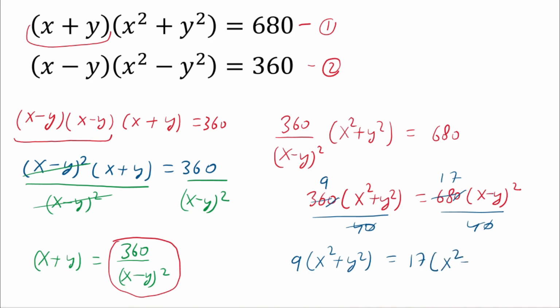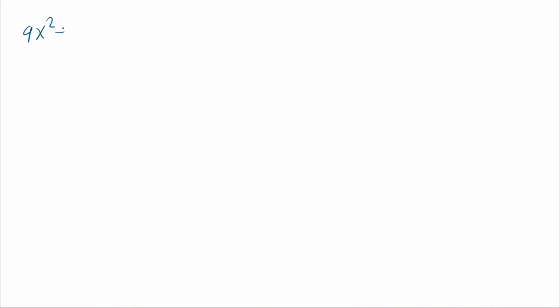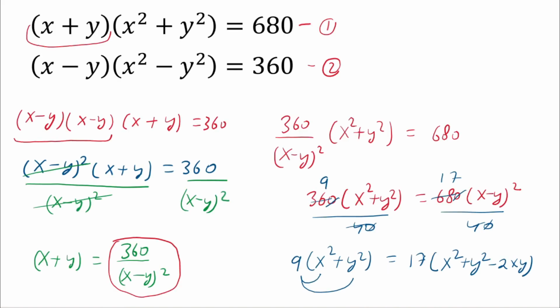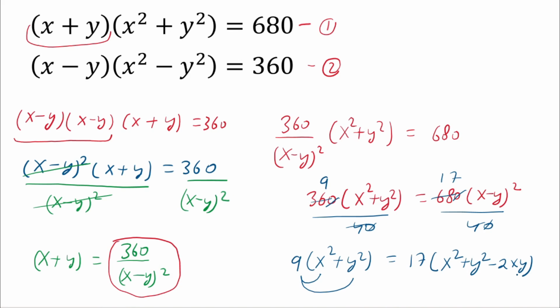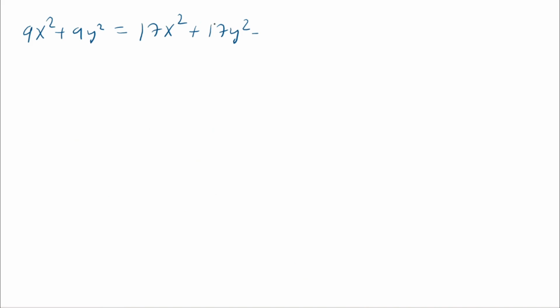Here 9 times (x² + y²) equals 17 times (x − y)², and (x − y)² is x² + y² − 2xy. This 9 is multiplied by x² and by y², so on the left-hand side 9x² + 9y². On the right-hand side, 17 is multiplied inside the bracket, so 17x² + 17y², minus 17 multiplied by 2xy, which gives minus 34xy.